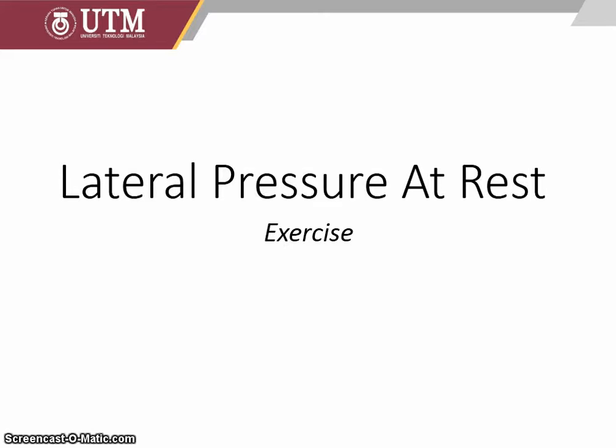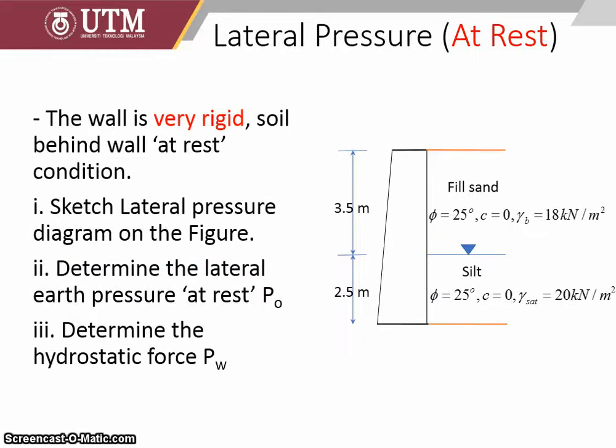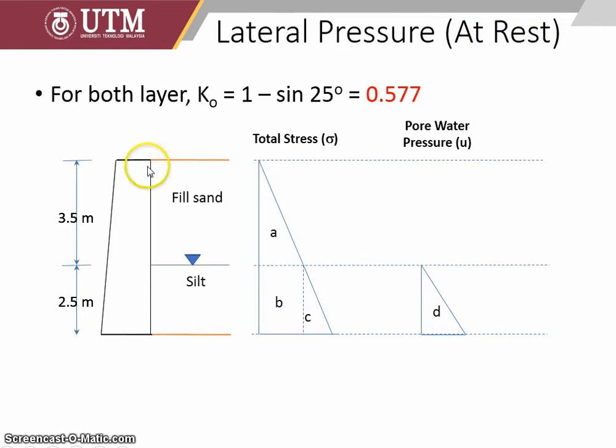In the slide I also put the lateral pressure at rest exercise, so you can try to solve it. You have a sand soil with a soil friction angle phi, and you know the gamma. And C equals 0, so it means cohesionless soil, granular soil.